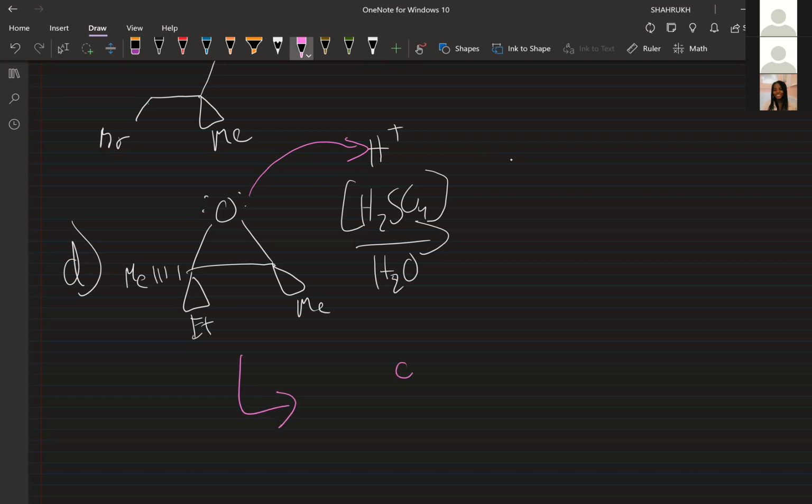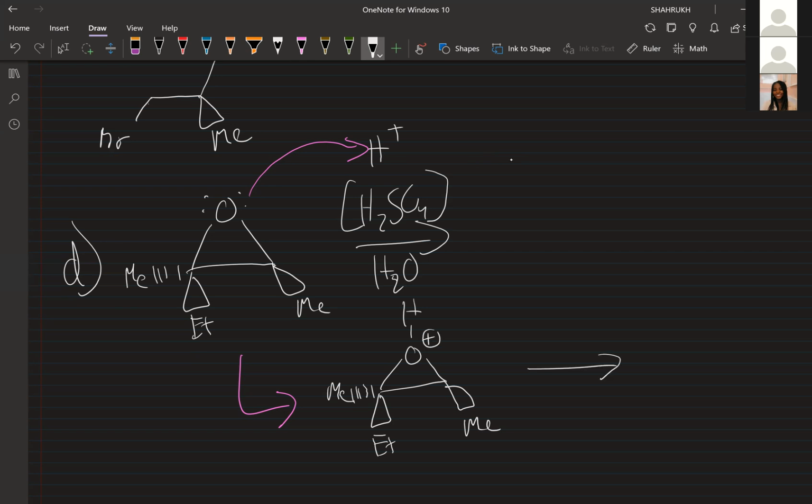Now we have a powerful electrophile, and now our nucleophile is going to be what in this case? Water. Water, yep. Let's see, H plus, okay.